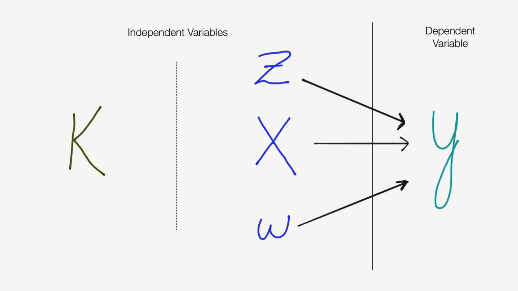It's possible then that we have a remote cause k that is a proximate cause of x and a proximate cause of w. In this case, k doesn't exert an independent effect on y, but its effects would be felt through x and w. In this instance, we would call x and w intervening variables. Once again, they intervene between the effect of k on y.